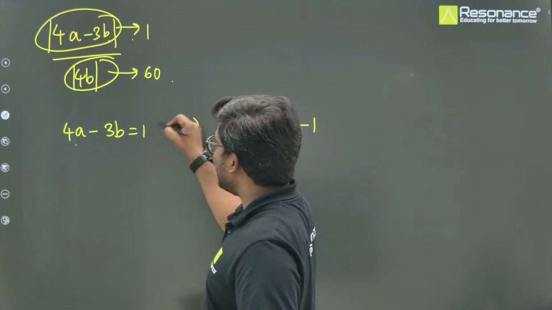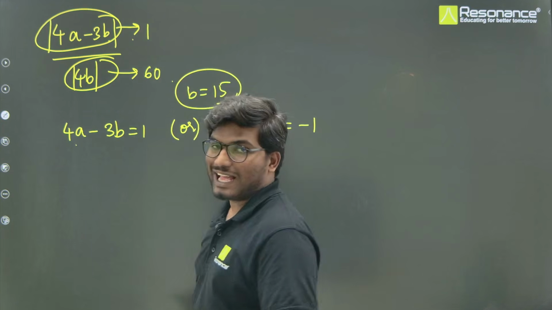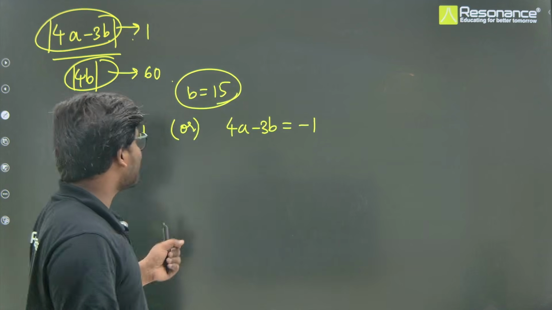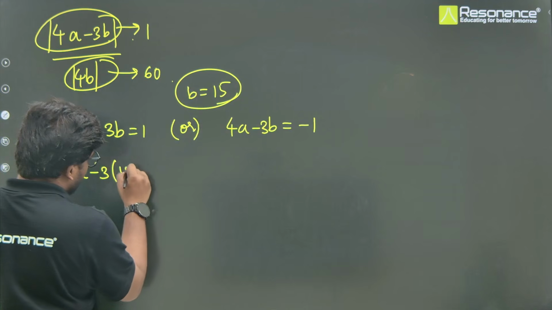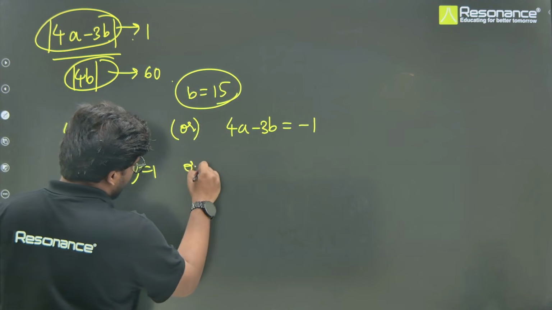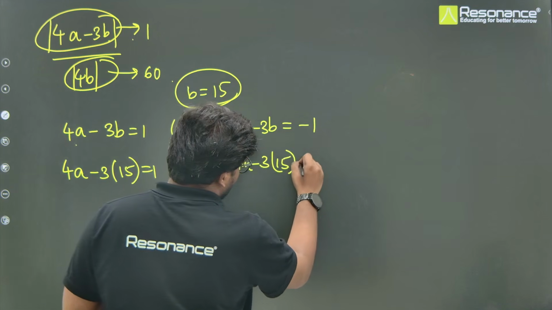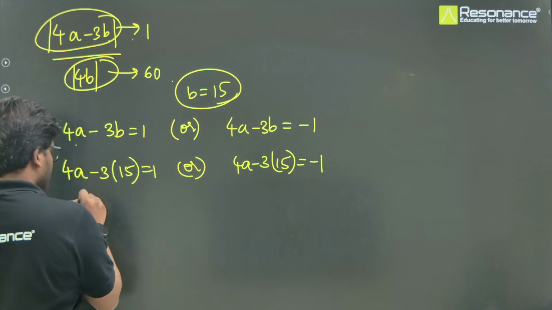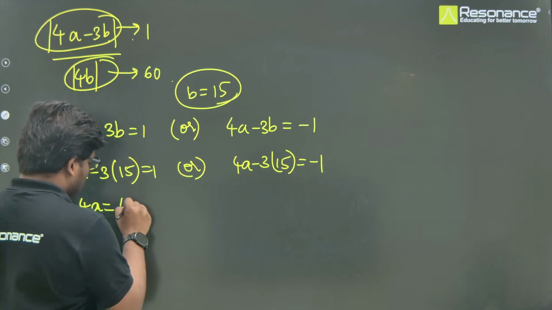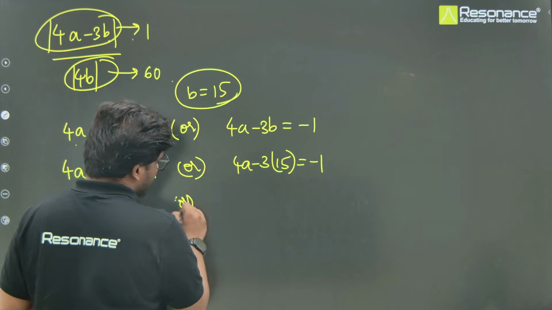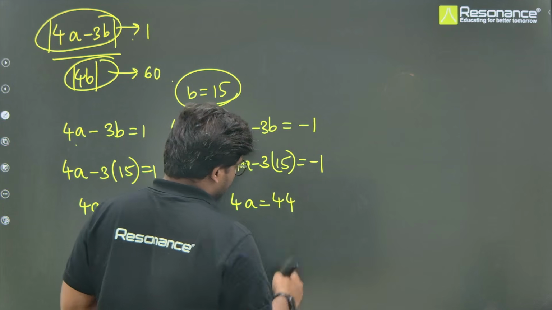Now, the additional piece of information we have is, for the least distance, b has to be 15. And when b is 15, 4a minus 3 into 15 is 1, or 4a minus 3 into 15 is minus 1. So here 4a is 45 plus 1, 46, or 4a is 45 minus 1, 44.